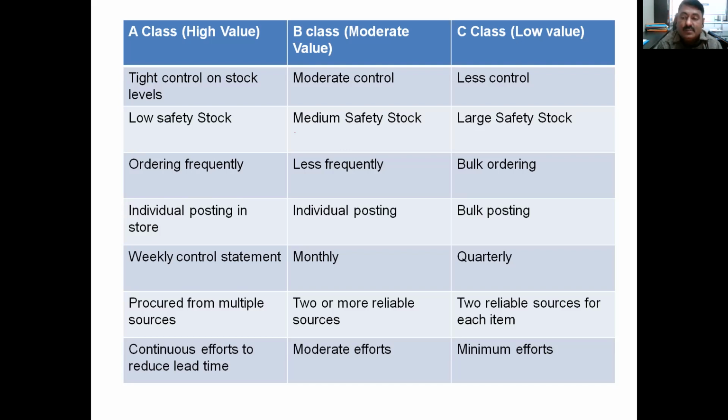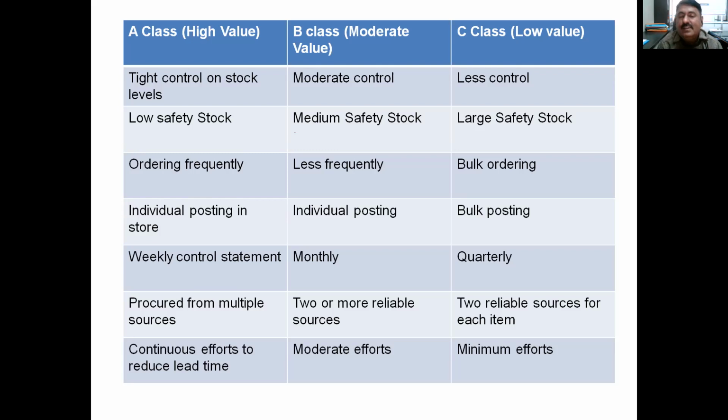No, frequently, 5 to 10 depending upon the requirement, because it is a very huge investment. B class less frequently, somewhat more time, but with some more quantity. And C class, bulk ordering.